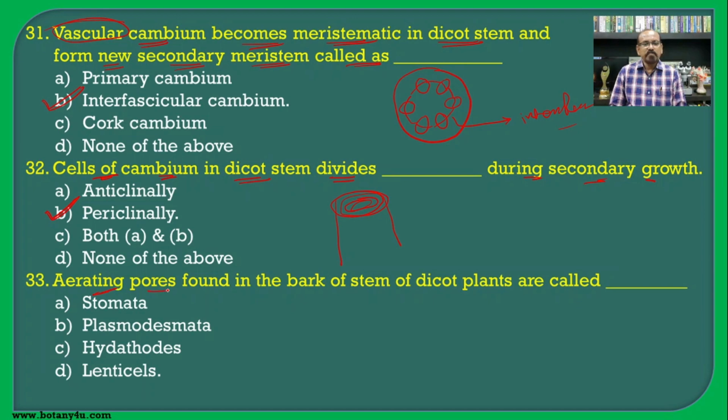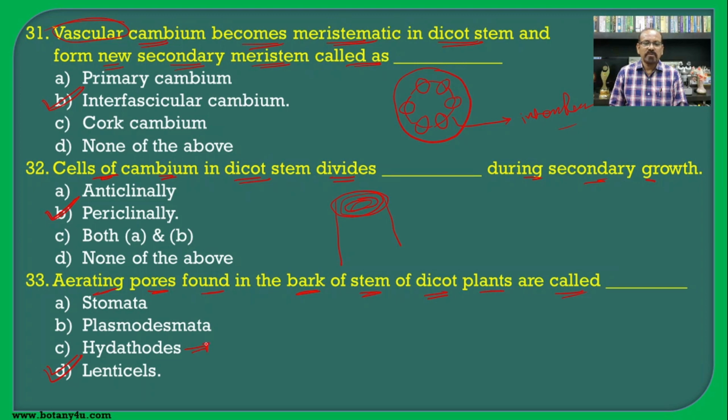Then, aerating pores found in the bark of stem of dicot plants are called as... If you see the plants after the secondary growth in the dicotyledon, there is a formation of such aerating pores, and these aerating pores on the stem of the dicot are known as lenticels.